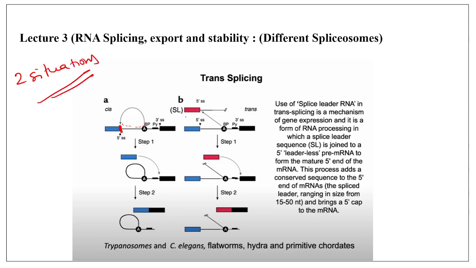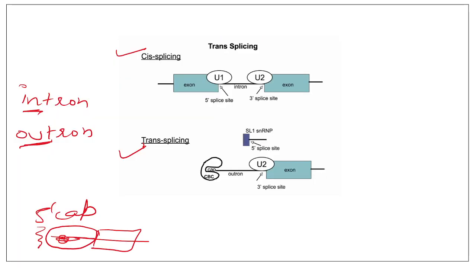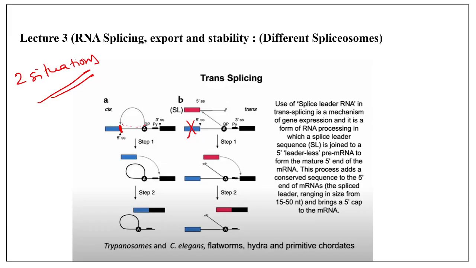One situation is that you do not have an exon before this exon at all. Another situation is that you have this exon, but the splicing does not occur between this and this. Is it clear? Your first situation can be like this, where you do not have an exon; you directly have a 5' cap. Your second situation can be that you might have an exon, but that has no role over here.